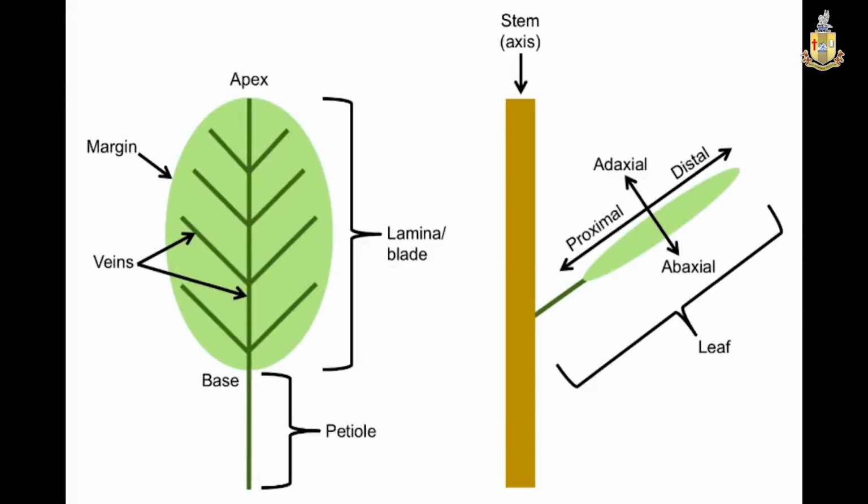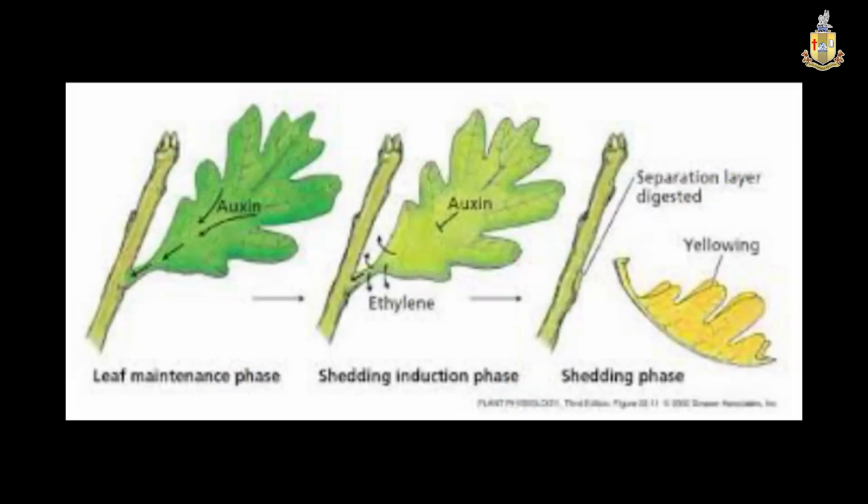In this slide, you are seeing the gradient getting decreased in the older leaves. If you consider the younger leaves, the auxin production is great, but in this mature leaf, the auxin production is reduced.